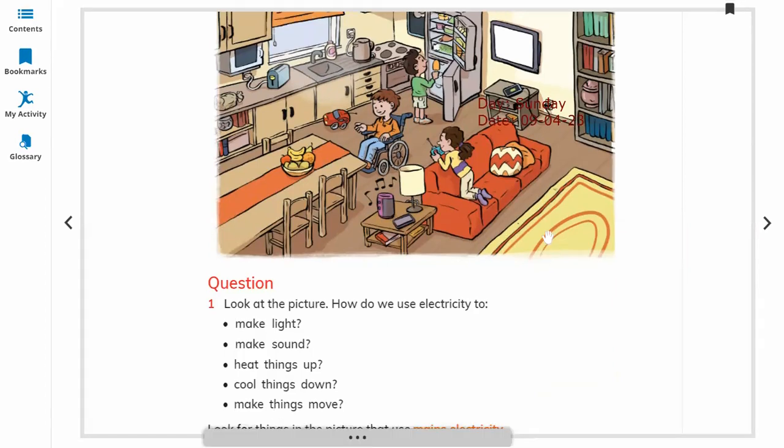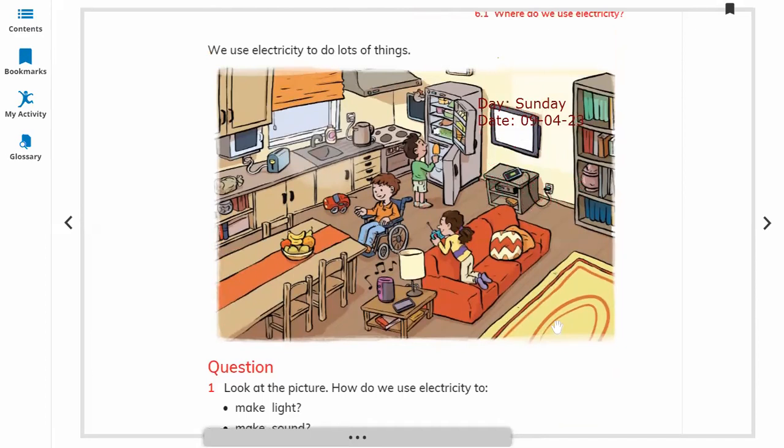You can see here, just one minute. Here you can see a kettle. We use a kettle to heat the water for our tea. So we are going to circle the kettle.